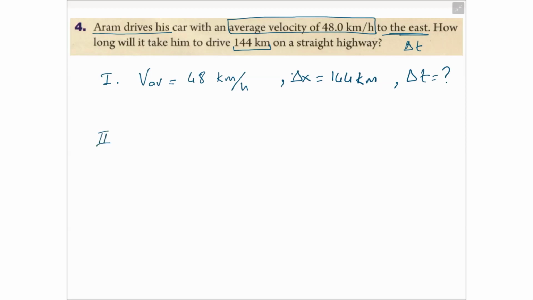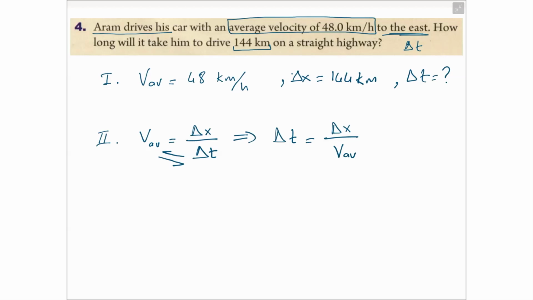In the second step, I'm going to write the formula of v average. V average equals delta x over delta t. And the question says find the delta t. So I will send the delta t here, and the v average instead of delta t due to cross multiplication. So delta t is going to be delta x over v average, and the unit of the v average is kilometer per hour, and the unit of the delta x is kilometer.